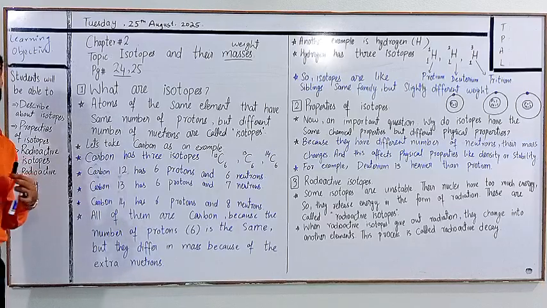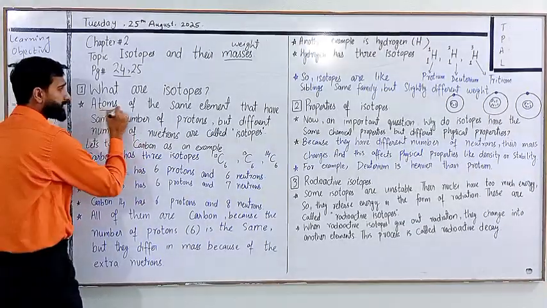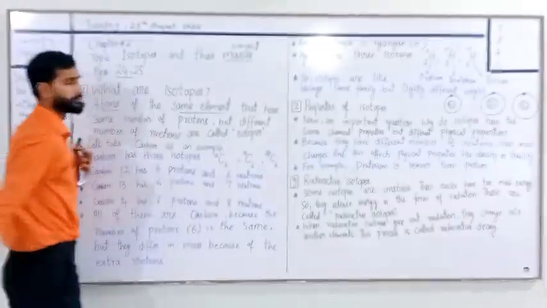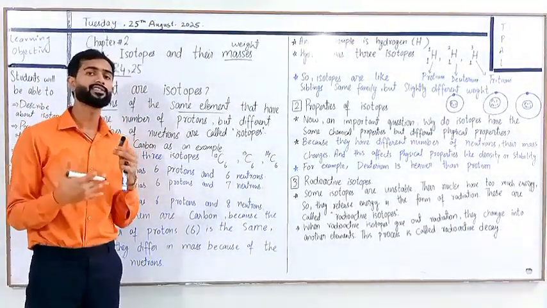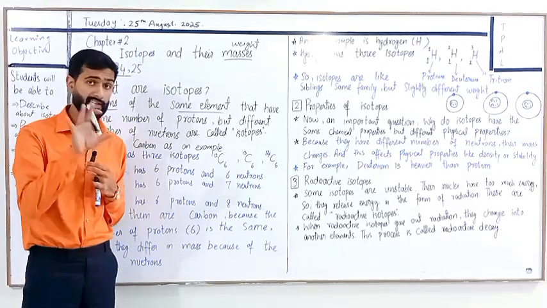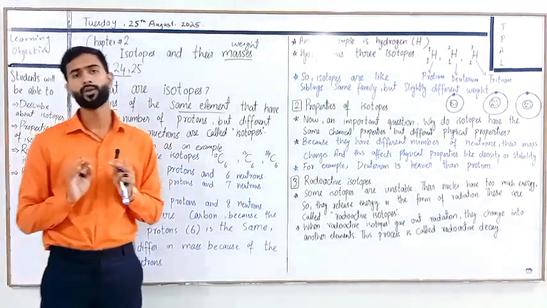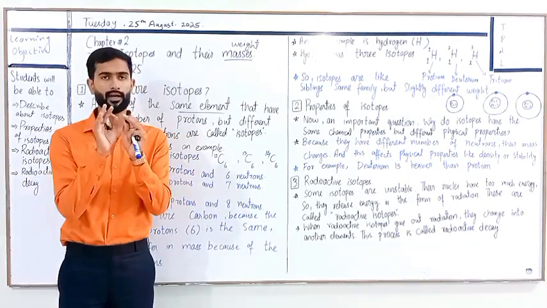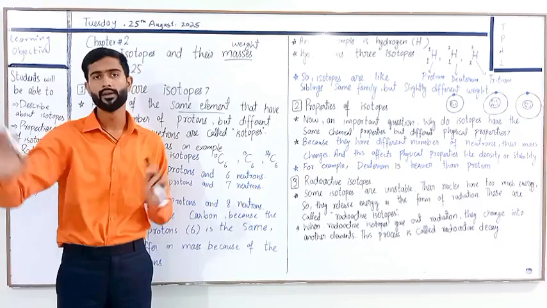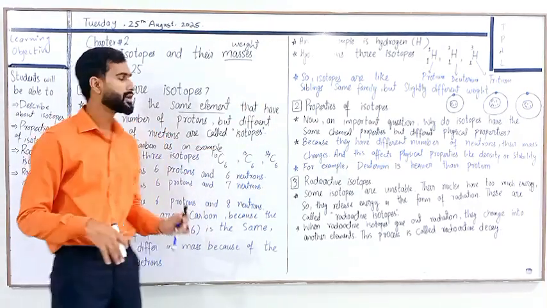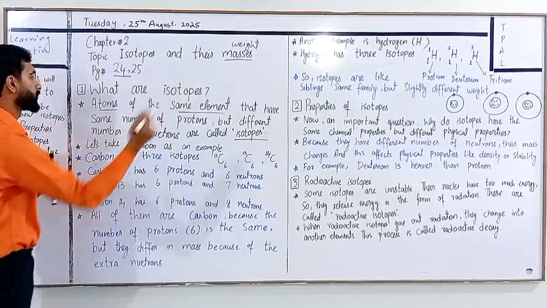What are isotopes? Atoms of the same element that have the same number of protons but a different number of neutrons are called isotopes.